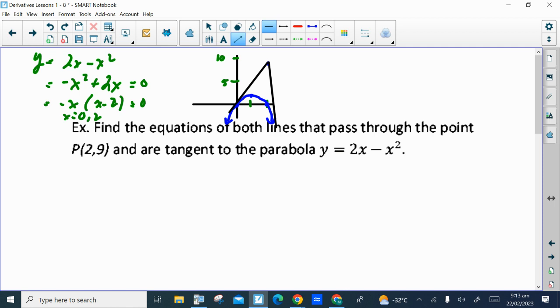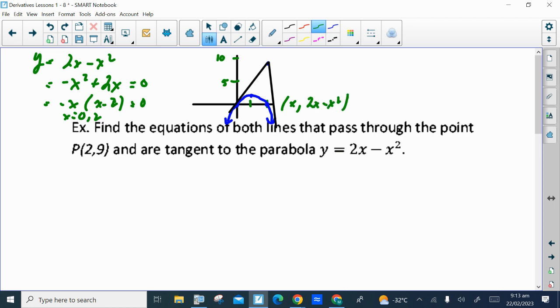So, we want to find the points of tangency. We're going to use an expression for the points of tangency. And those points of tangency we would write in general form as (x, y), but remember y is 2x minus x squared.